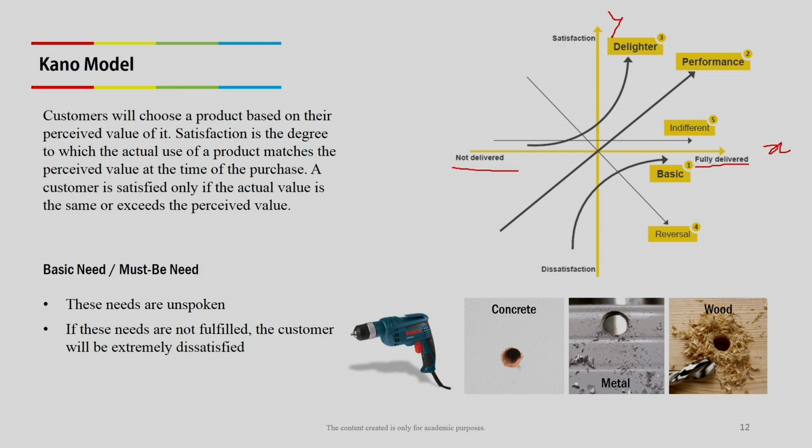Unspoken because customers take it for granted. They assume that these facilities should be there in the product, and if these needs are not fulfilled, the customer will be extremely dissatisfied. For example, in case of a drill, when we are buying a drill, we are actually buying holes.